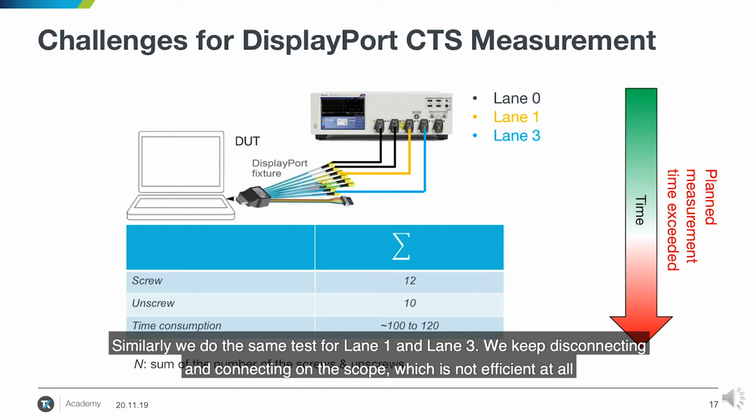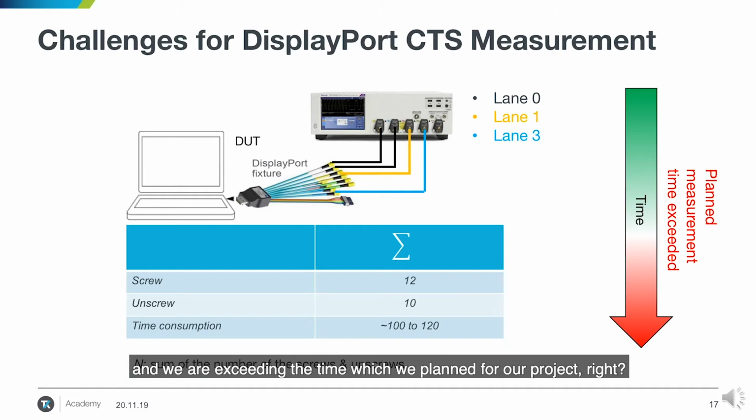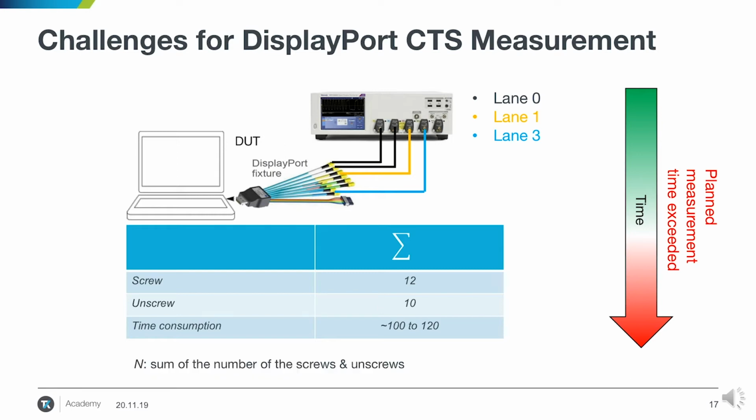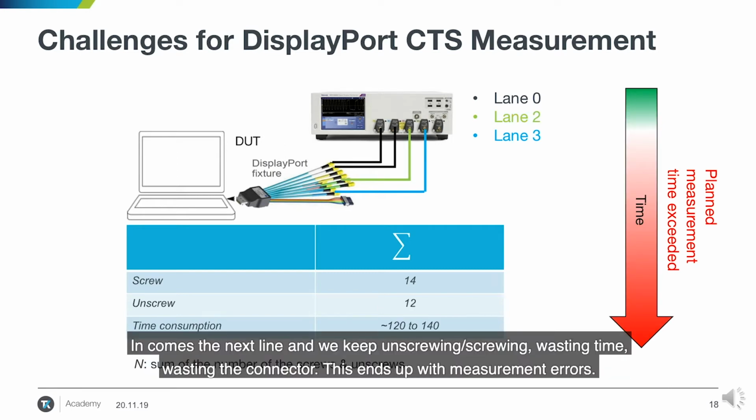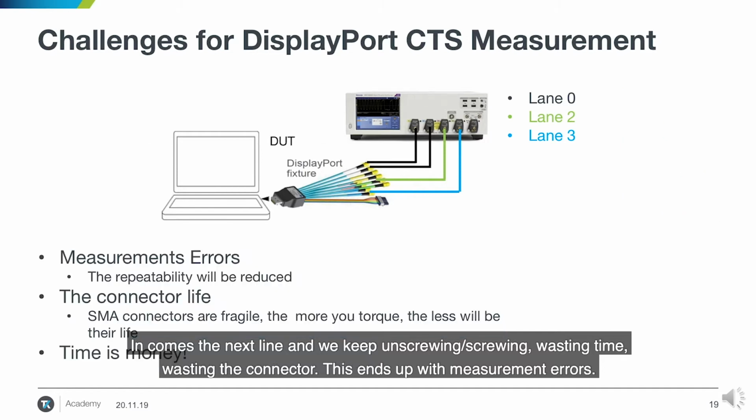We keep disconnecting and connecting the legs on the scope, which is not efficient at all, and we are exceeding the time which we planned for our project, right? Again comes the next lane, and we keep unscrewing, screwing, wasting time, wasting our connector.